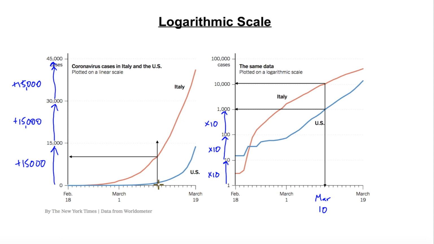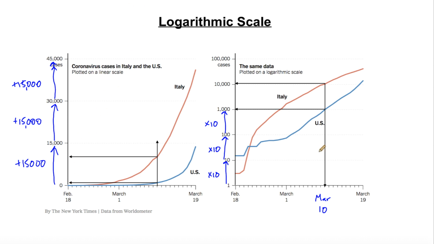And if I go across from the US to here, you can see that this number would be somewhere in the region of 1,000, which is the cases for the US on March 10th.